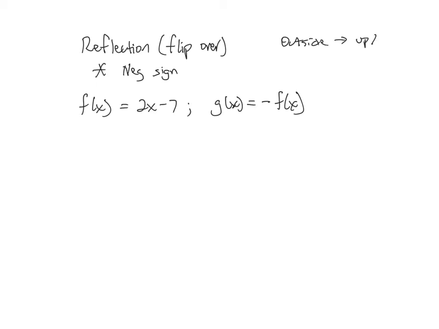Remember we said on the outside it was up and down, and on the inside it was left or right, from the last slide. So the negative sign is on the outside of the parentheses. What kind of transformation is this?